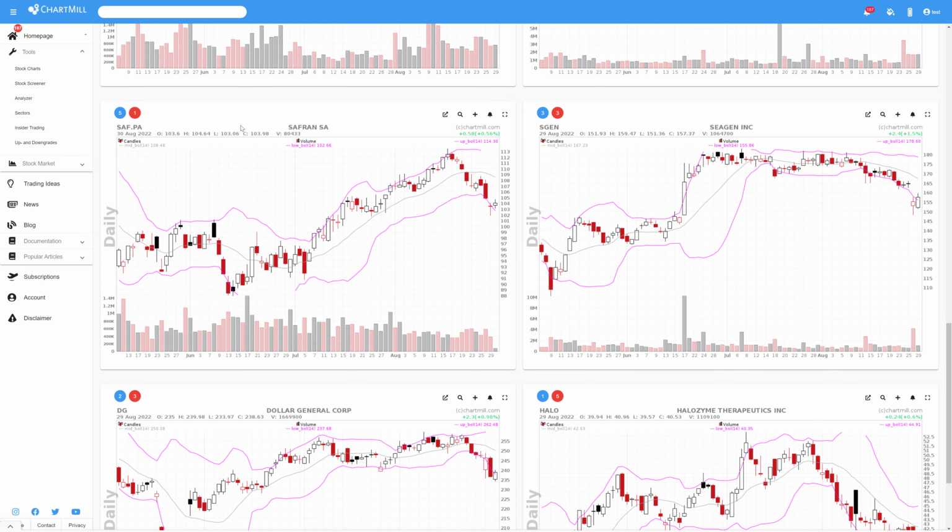A nice one for the European market, Euronext in Paris, a reversal candle, so definitely a decline in price, a close below the lower Bollinger Bands, doji candle or a bullish hammer, confirmation bullish candle, and there is still some room to this middle Bollinger Bands.